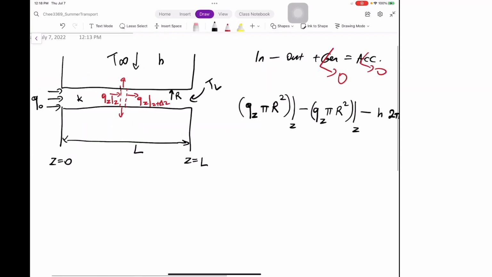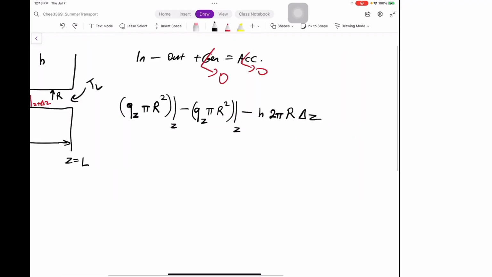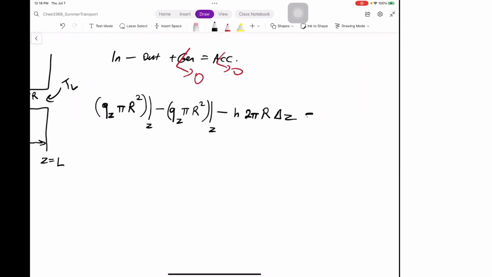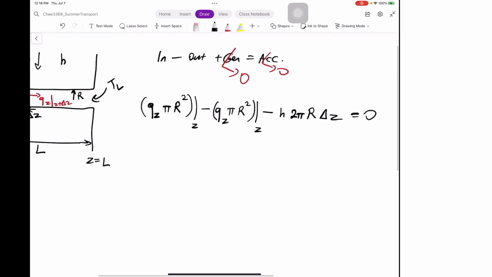That is equal to 0. Those are all the terms.